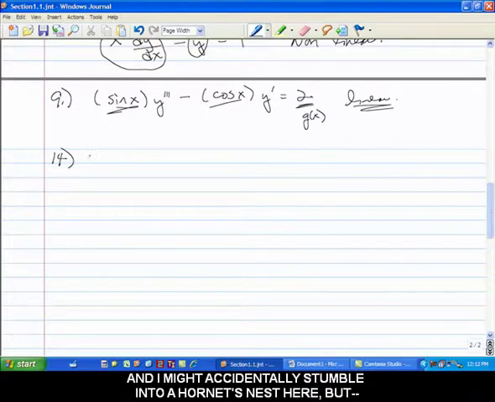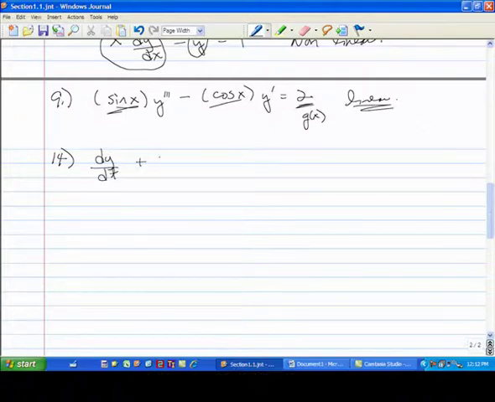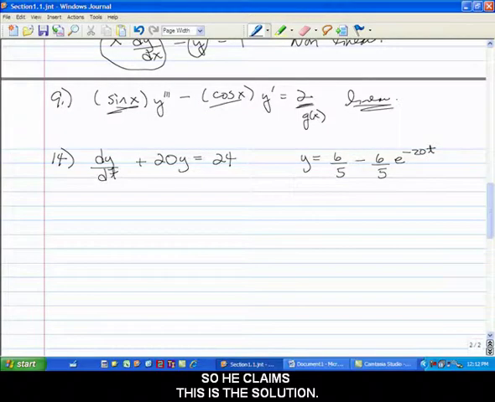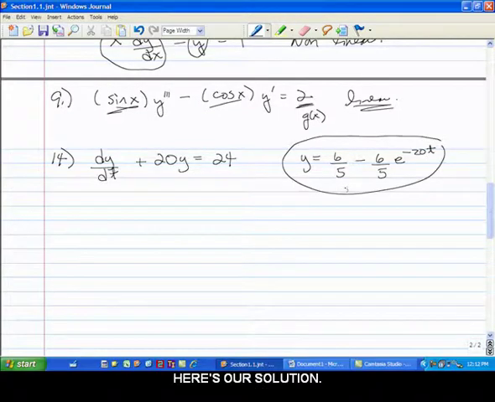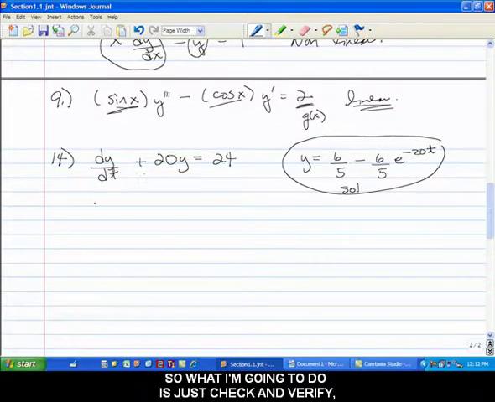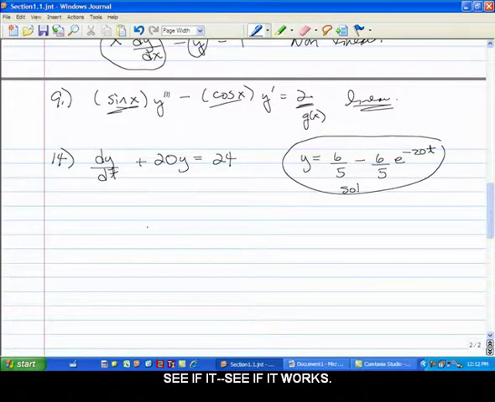And I might accidentally stumble into a hornet's nest here, but okay. So he claims this is the solution. Here's our solution. Here's the differential equation, and he claims this is the solution to this differential equation. So what I'm going to do is just check and verify to see if it works.